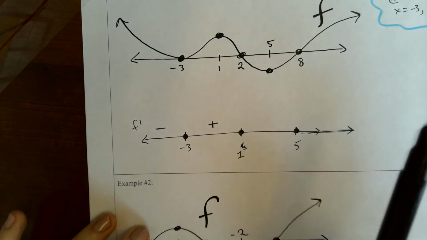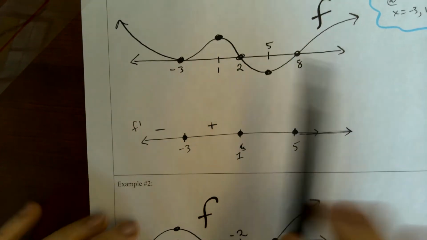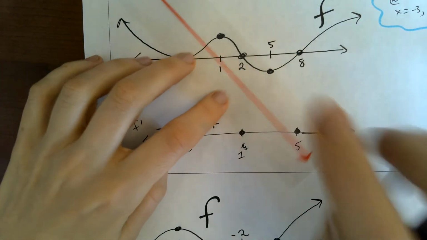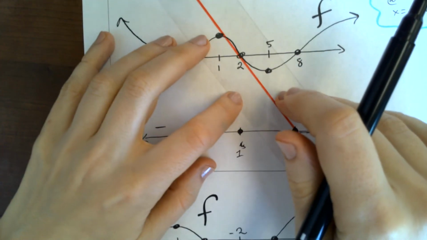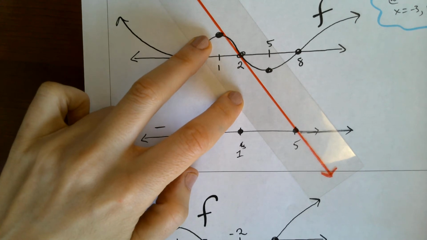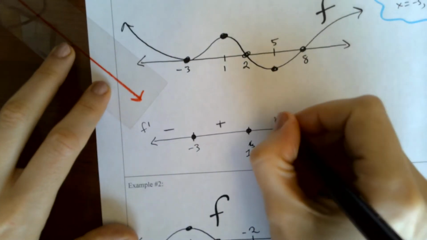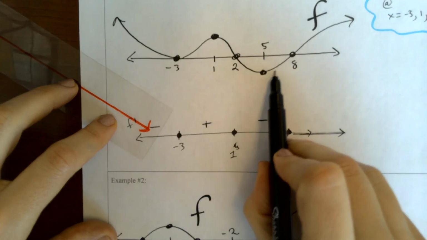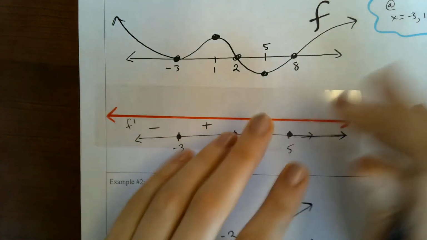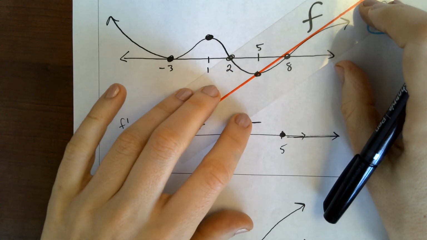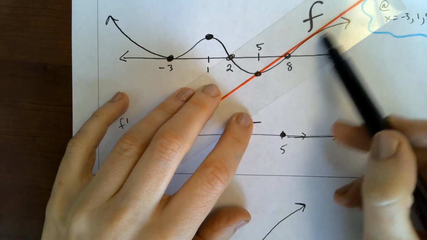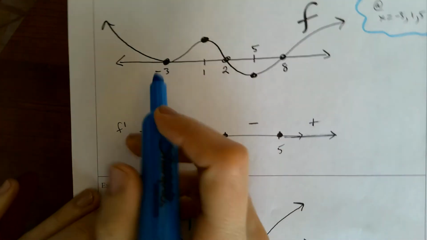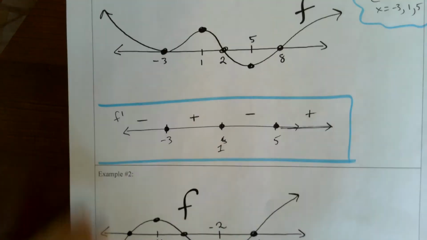Now between 1 and 5, you take your tangent line, I'll put it right there at 2. That slope is negative. And then beyond 5, on this stretch of f, you put the tangent line. There's my point of tangency, positive. And that's it, okay? That is the answer.